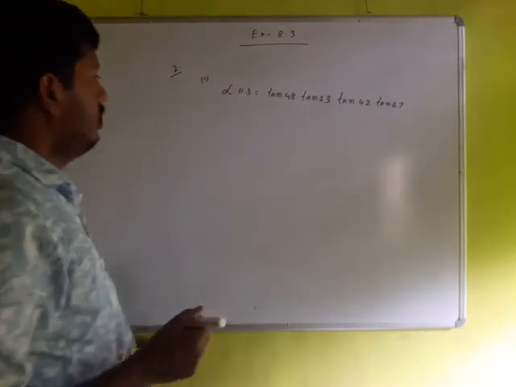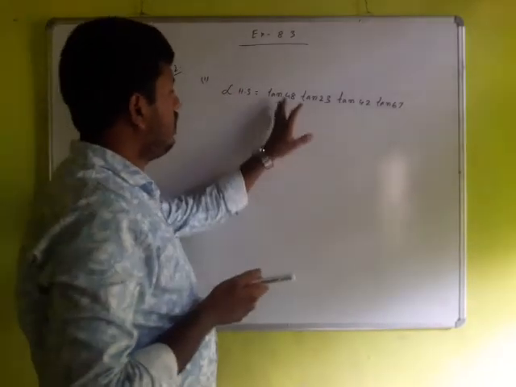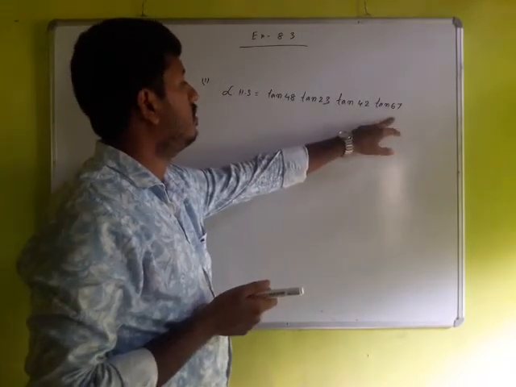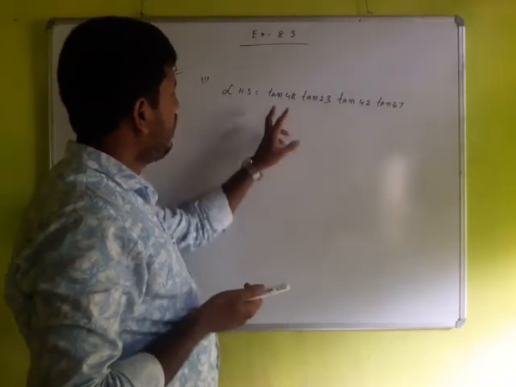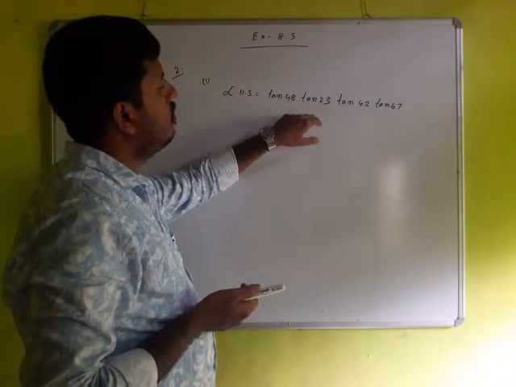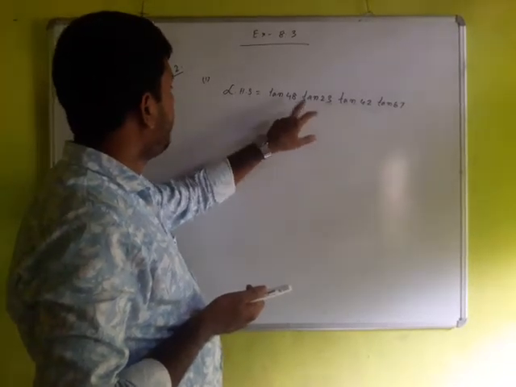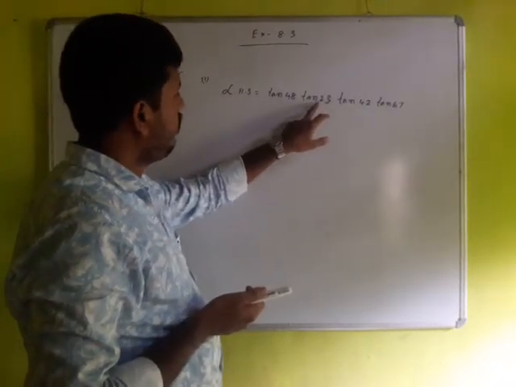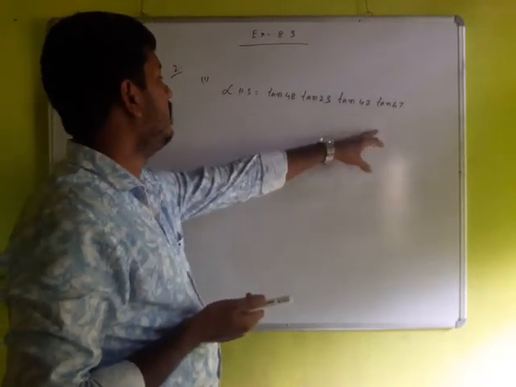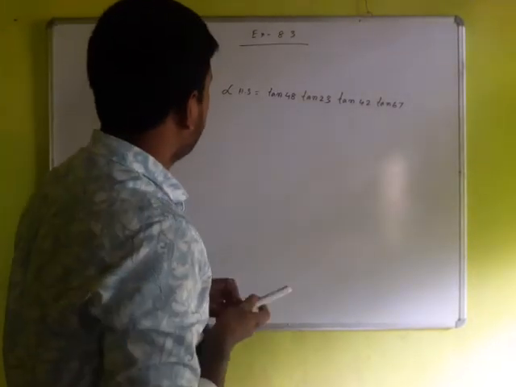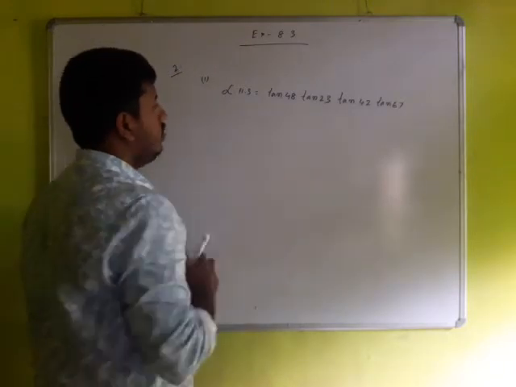We have to show that this is equal to 1. To get 1, we have to take the complementary angle of any two of these trigonometric ratios, either of tan 48 or tan 23 or tan 42 and tan 67. Any of these two ratios we have to take to get the value as 1.